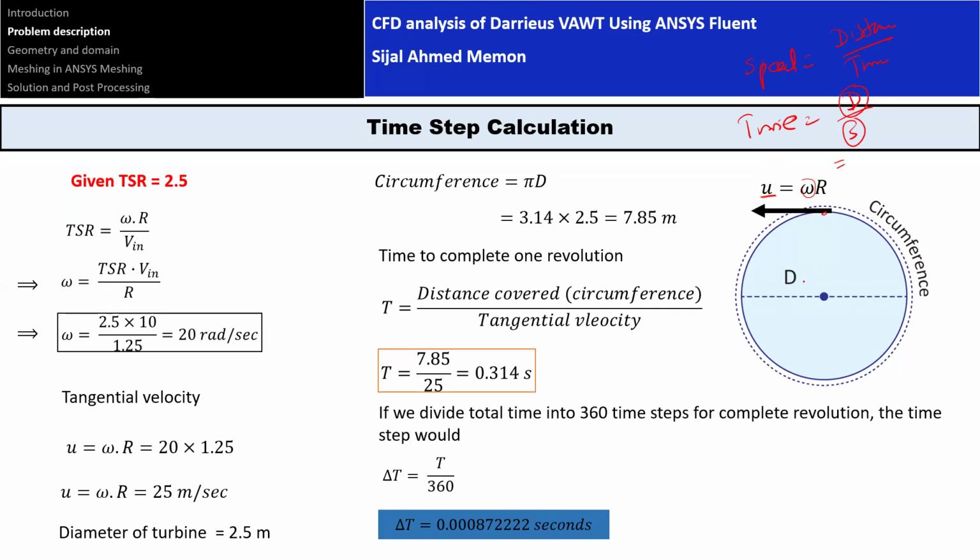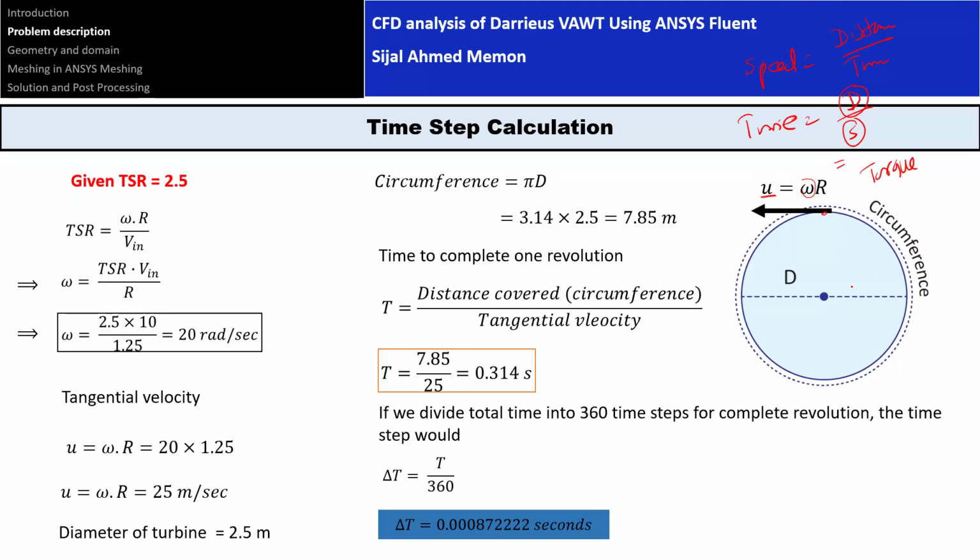So now in the case of the wind turbine, what we have learned from the papers is that you have to study the effect of time step on the results. Which results? Definitely for the wind turbine, the torque is the important parameter.